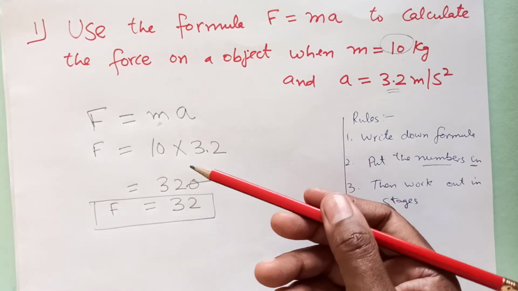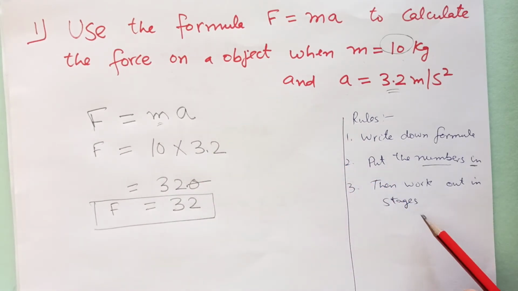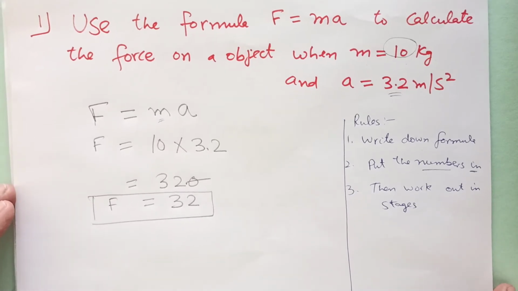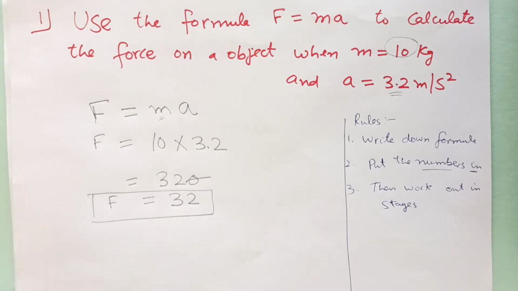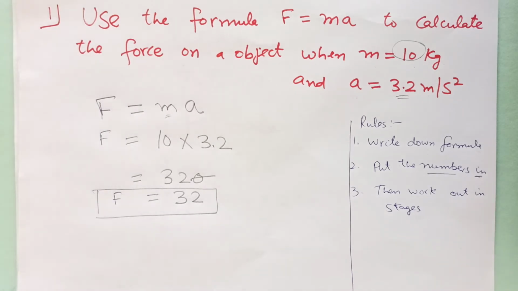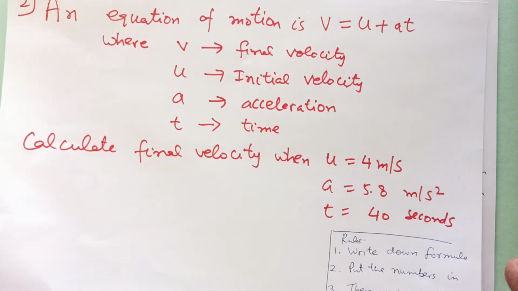We need to work it out in stages, not everything in one go. I hope you understood this. Let me remind you again: write the formula, put the numbers in, then work out in stages using the BODMAS rule or whatever the operations require. So let's do another example.